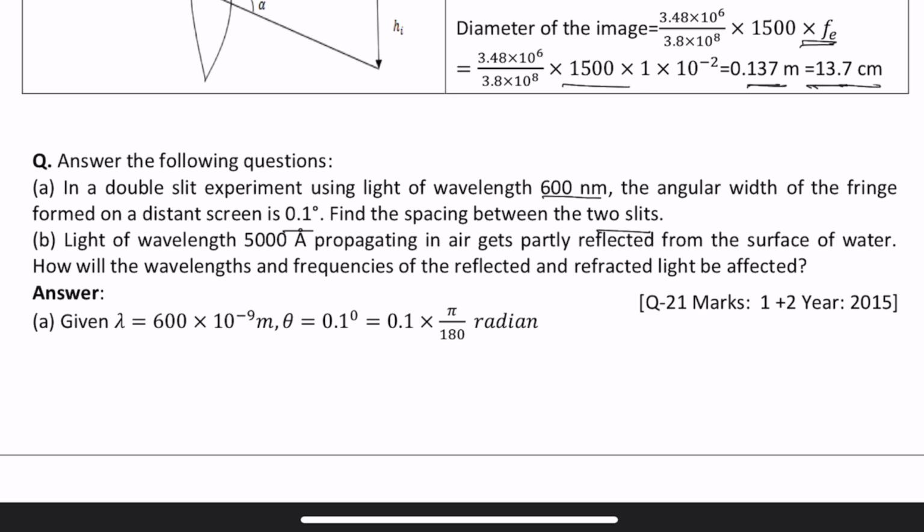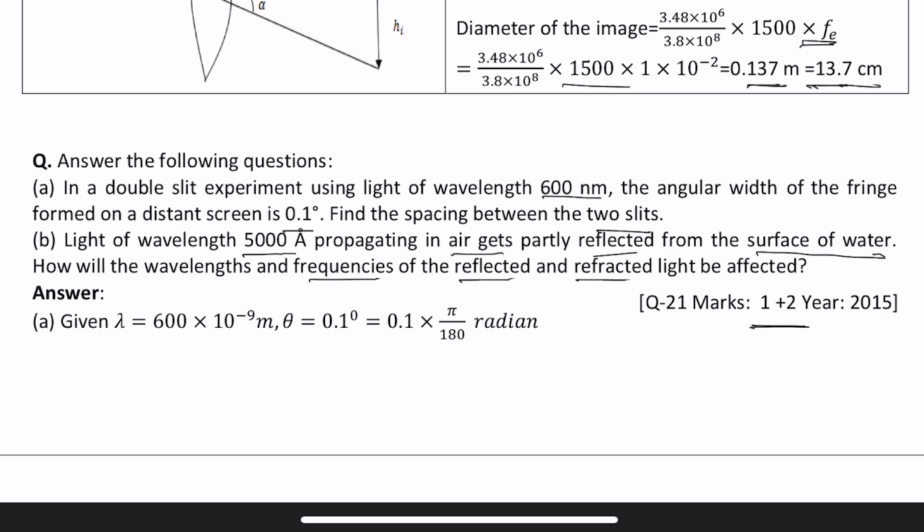Next: light of wavelength 500 angstrom propagating in air gets partly reflected from the surface of water. How will the wavelengths and frequencies of the reflected and refracted light be affected? So these are the two parts, 1 plus 2.